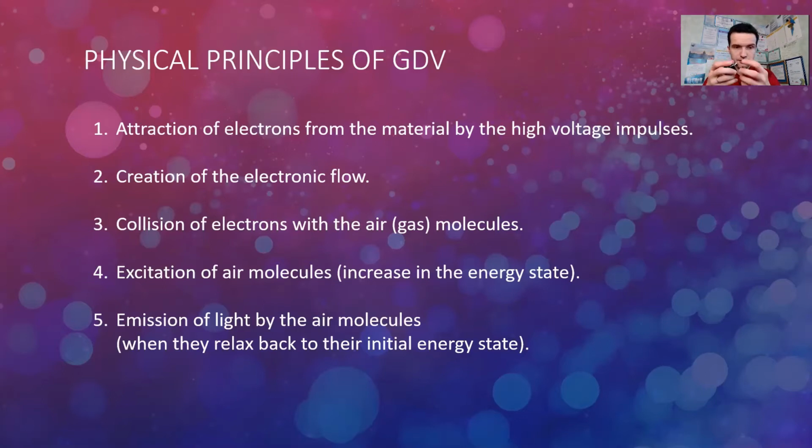Because of this difference in potentials, the electrons fly away from the surface and the electronic flow is created. Then these electrons collide with the air gas molecules, excite them, and the air molecules emit light. Our Bioel devices, and all other Kirlian photography, GDV devices, are photographing this light.